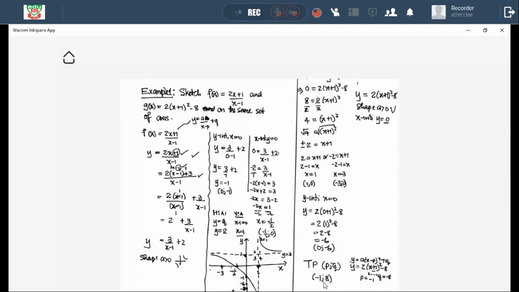I'm now sketching. Remember, the shape is going to be cup-shaped or smiling face. So I'm going to draw my cup-shaped parabola, which passes through negative 3. It goes down at negative 1 and negative 8.